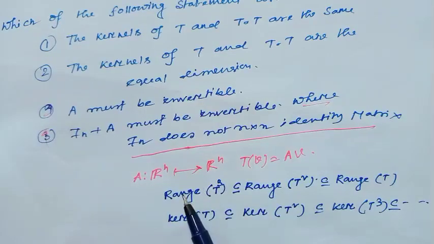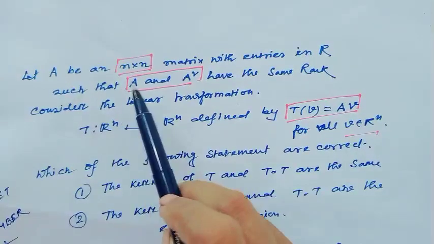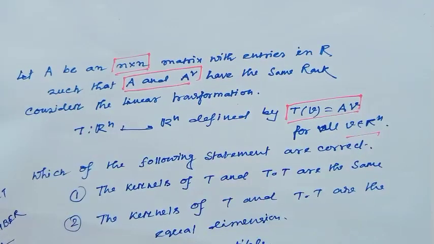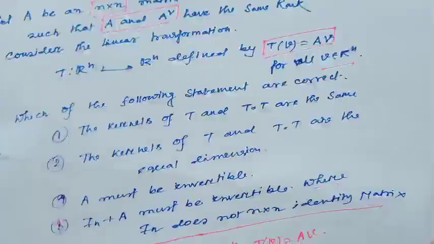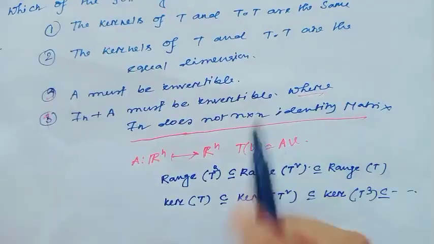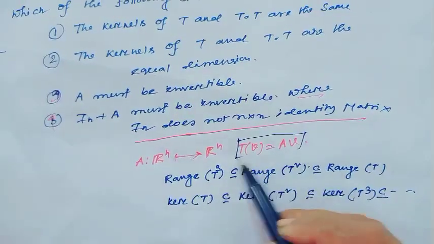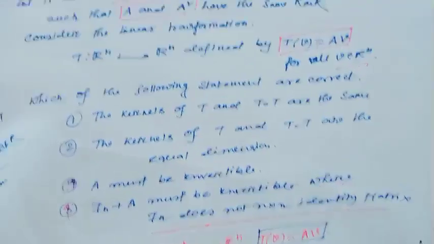Here A is a linear transformation from Rn to Rn because A is an n cross n matrix over the real field and the mapping is of the type T(v) equal to Av.